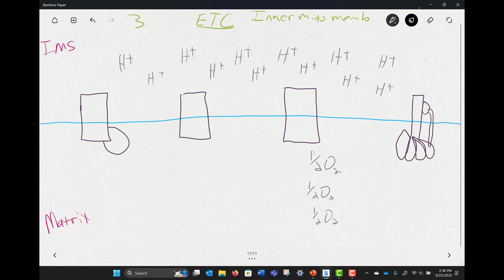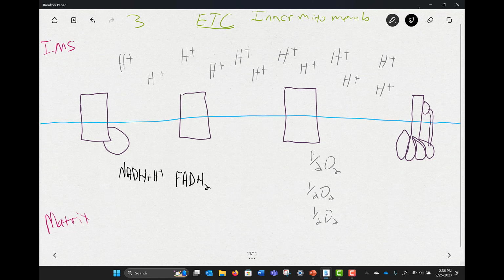And lastly, I'm going to draw our NADH plus H plus and our FADH2s. All of those that we have been producing for the glucose that we saw and for the glucoses that we didn't see, all of those NADH plus H plus and FADH2s are gathering in the mitochondrial matrix.